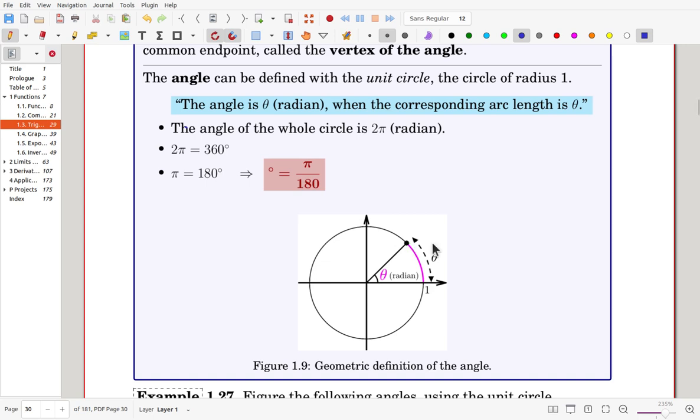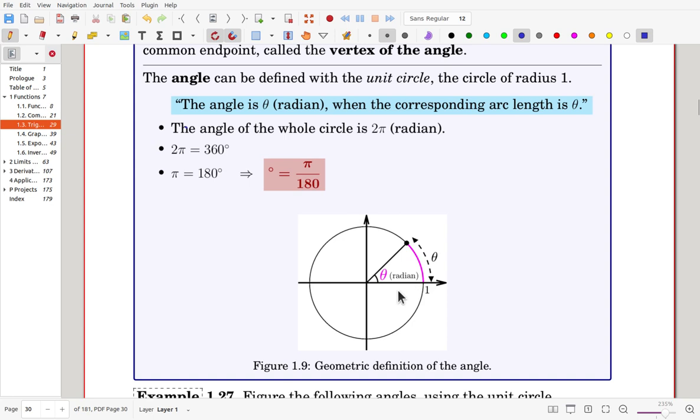So that is the definition of angle. Here, the whole circulation is 2 pi, the arc length of the whole circle.